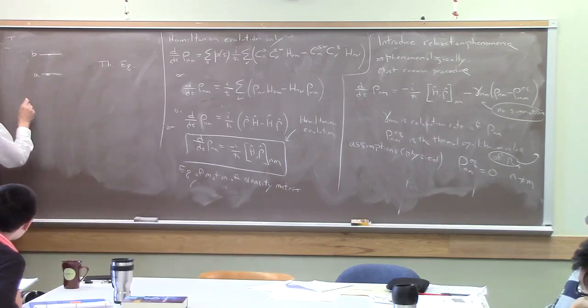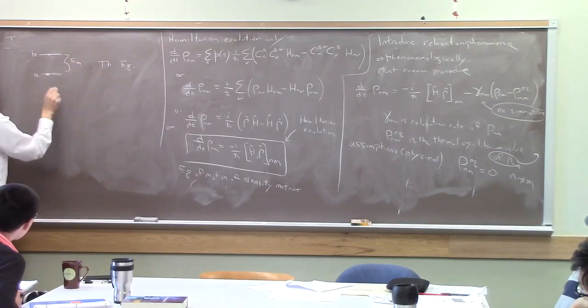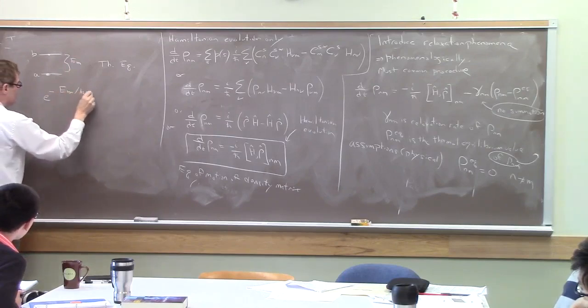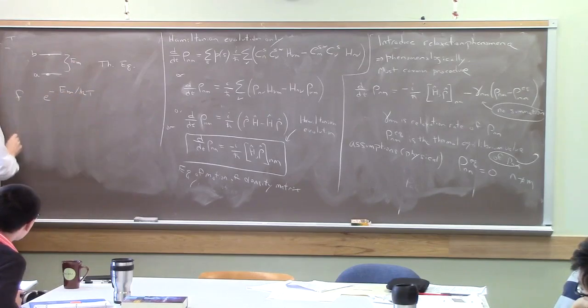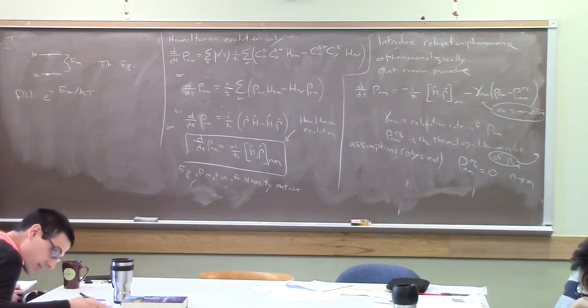E to the minus of the energy difference over kT. Okay, let's call this E_BA. So e to the minus E_BA over kT. And this is the fractional population in level B.